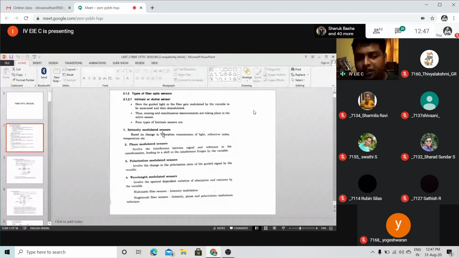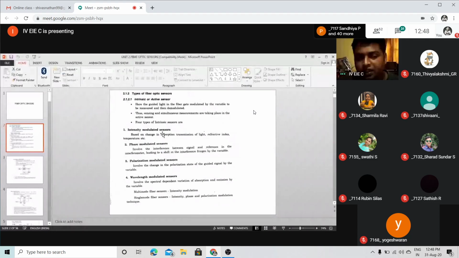Okay. And the last kind is going to be wavelength modulated sensors, where it depends upon the spectral variation, I mean, the wavelength variations and the emission of light, to measure the process variable. So this is going to be your wavelength modulated sensor. So what we have seen today is the types of fiber optic sensors.